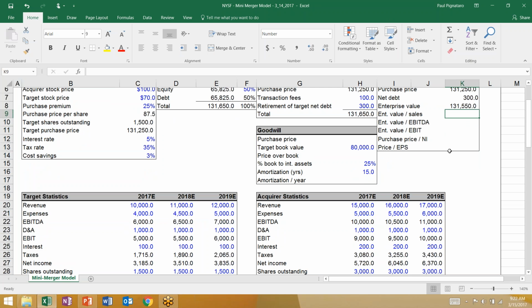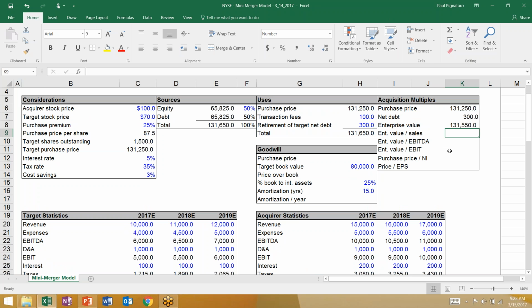Now we can look at what price the company is paying for the target company on an equity value and enterprise value basis. So the enterprise value per sales is going to be the enterprise value, 131,550, divided by the target company sales, using the earliest date possible, just as close to acquisition as possible.